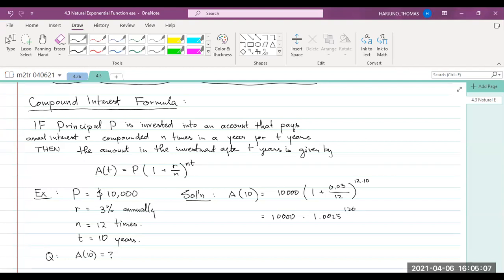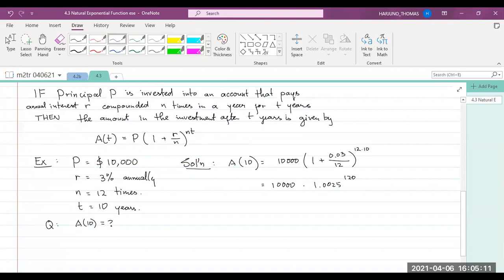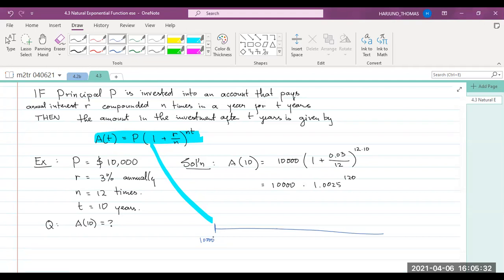Now, some logic: why does it look like that? Here's the idea. Let me use this example. We start with $10,000, right? The annual interest rate is 3%, but you do it 12 times a year.